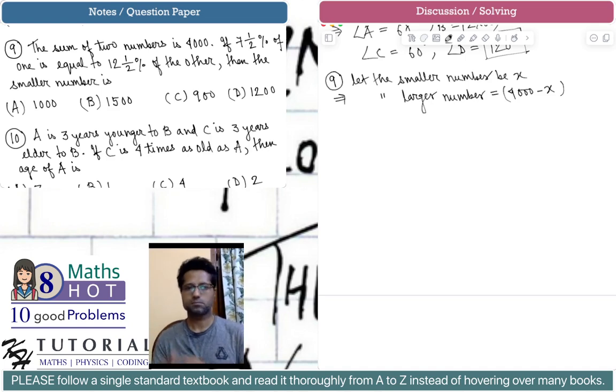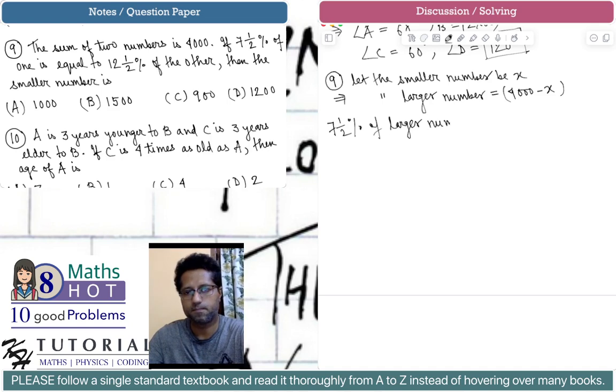Now 7.5% is smaller than 12.5%. So definitely, it is given that 7.5% of the larger number is equal to 12.5% of the smaller number.